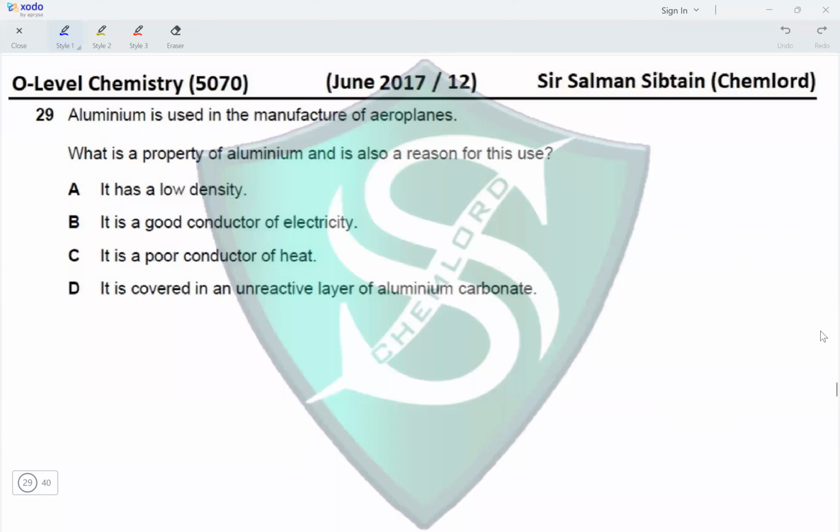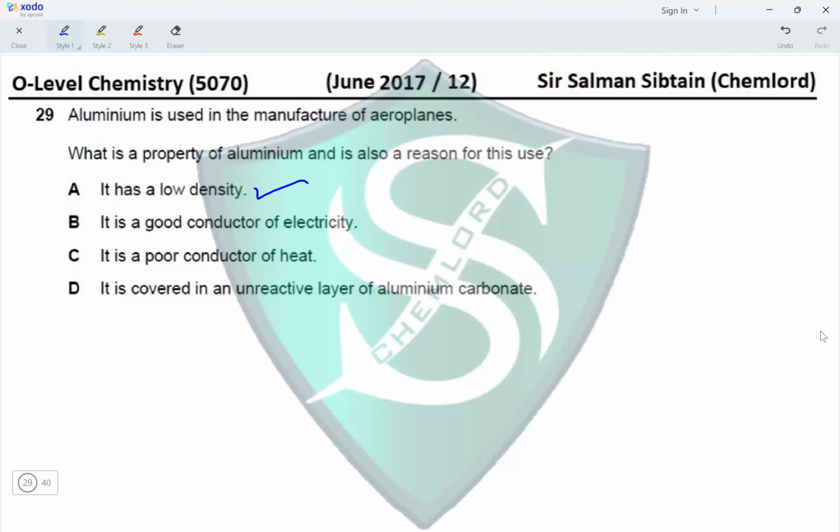Question 29. Aluminum is used in the manufacture of airplanes. What is a property of aluminum and is also a reason for this use? It has low density. Yes, this is a property of aluminum and the reason for its use in airplanes, because if the metal has low density, then the aeroplane would have a lesser weight compared to other metals that might be used. It is a good conductor of electricity.